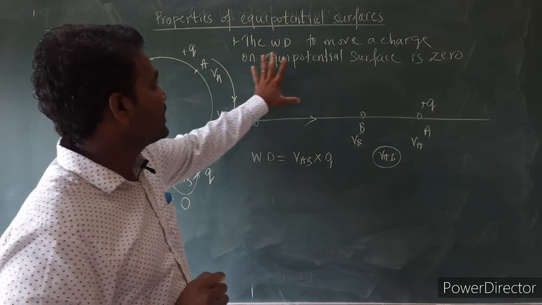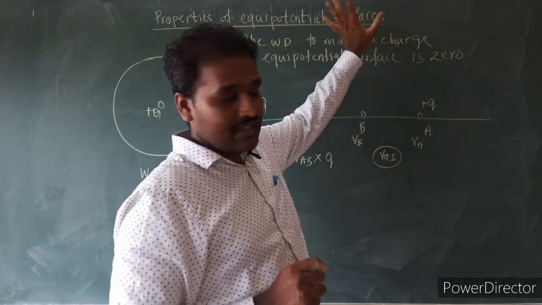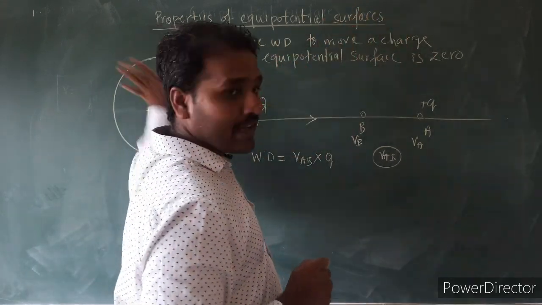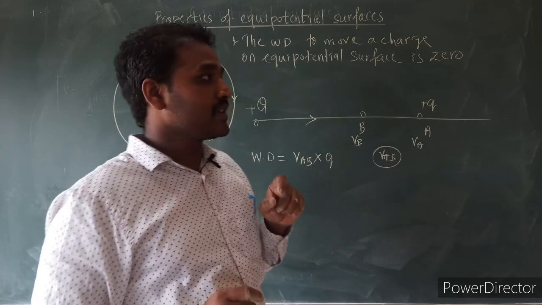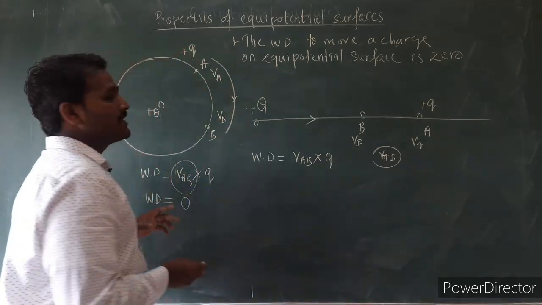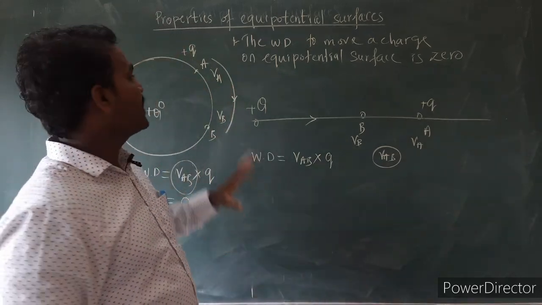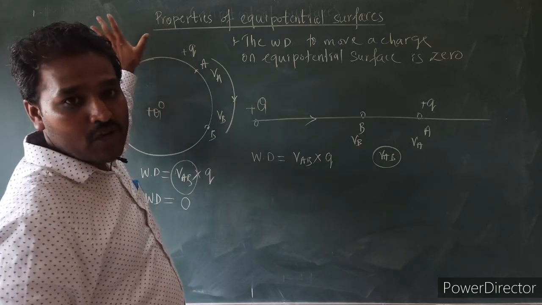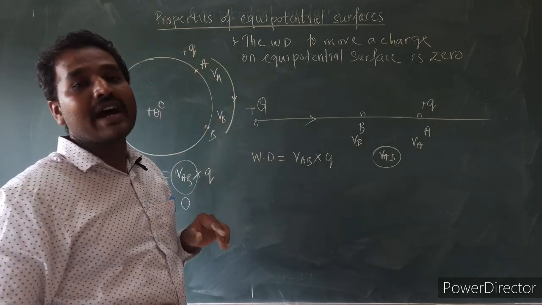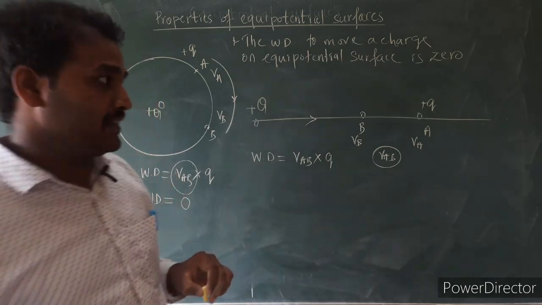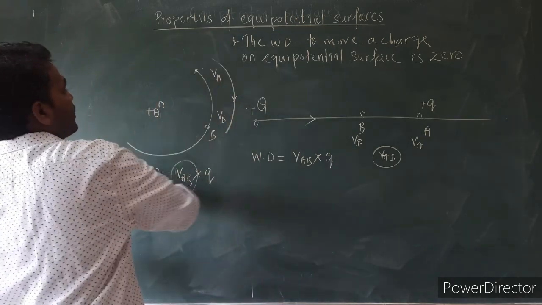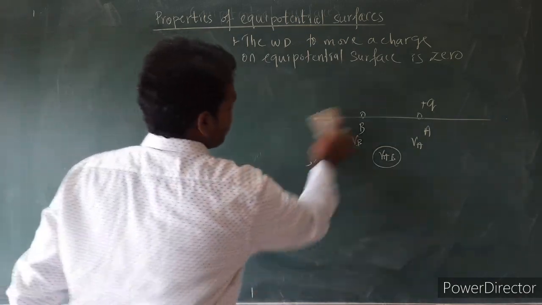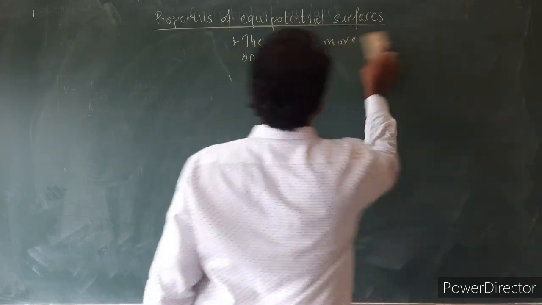If there is any work done, that violates the definition of an equipotential surface. Hence there is no work done in moving a charge from one point to another point on an equipotential surface. That is the second property of the equipotential surface.